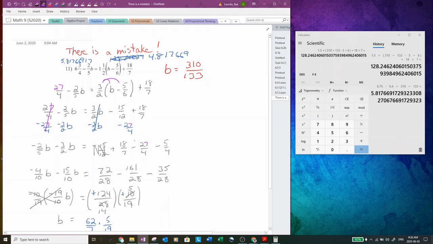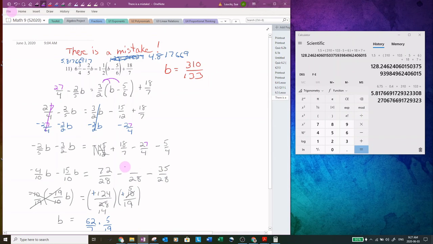And then because my work was neat and I can follow down the page that this 18 over 7 became 72 over 28, and this 23 over 4 became 161 over 28, I know that what I need to change is this 161. That is wrong. So it was 4 times 7, so 27 times 7 is 189.